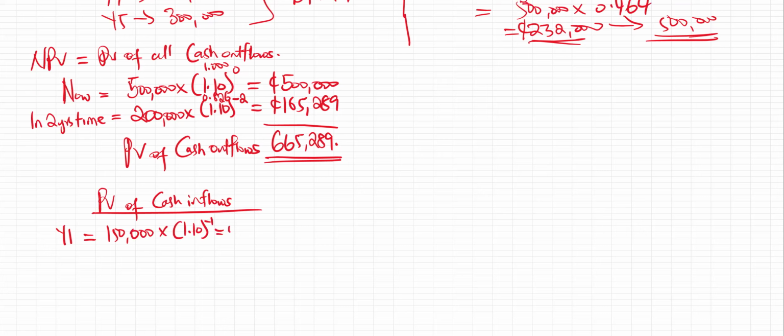That is equivalent to 0.909. So 150,000 by 1.1 raised to the power minus 1. You end up with what?